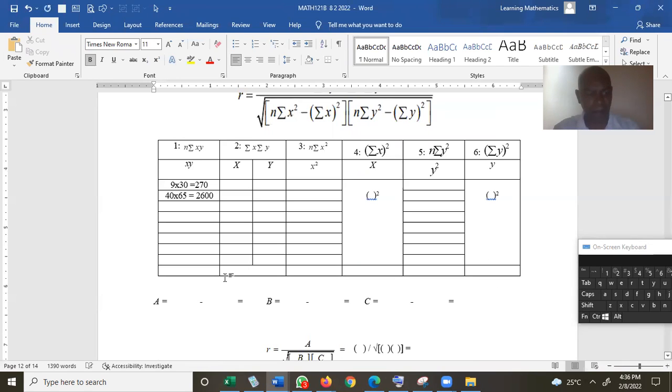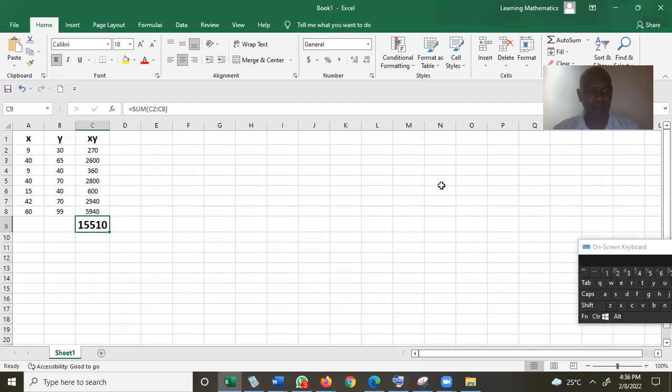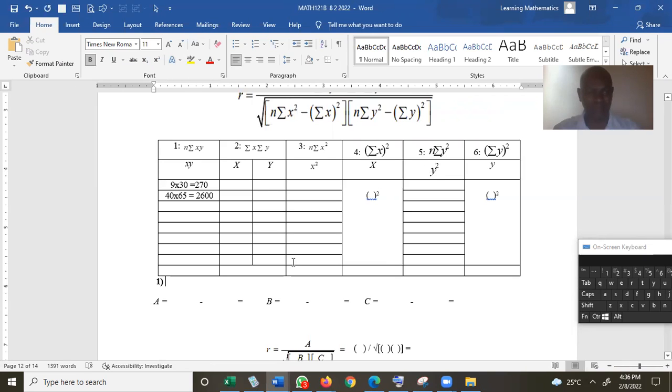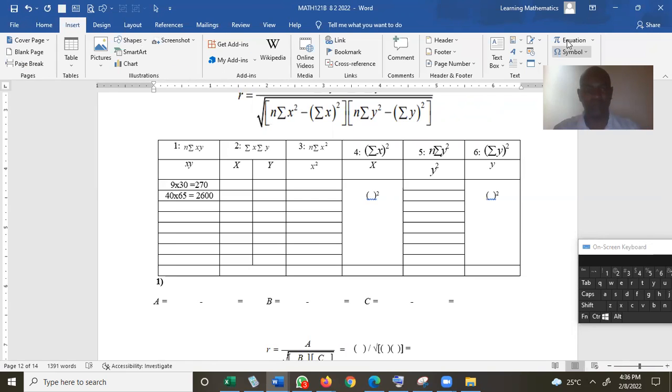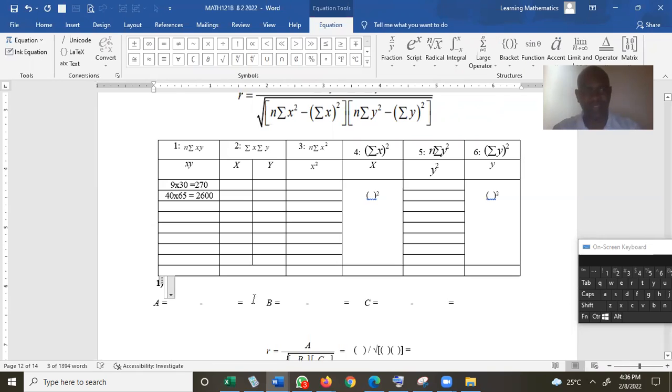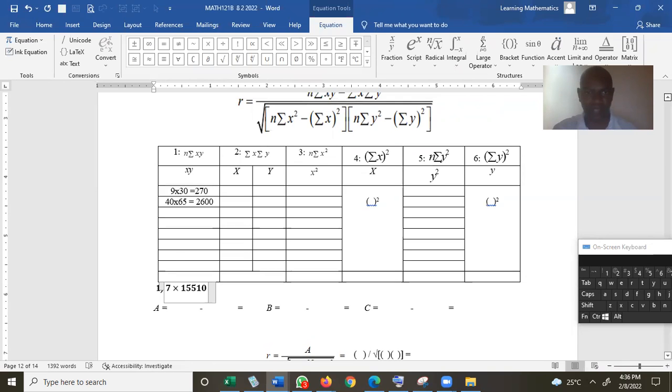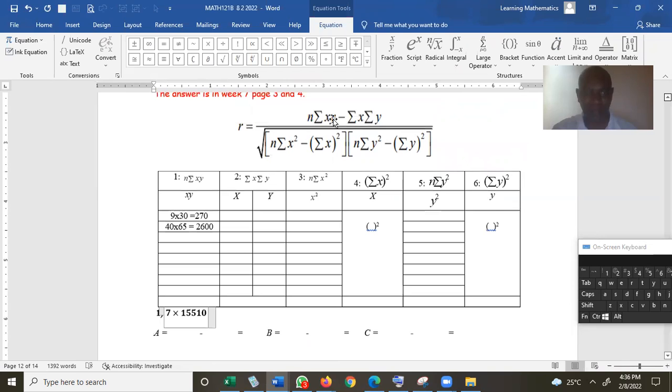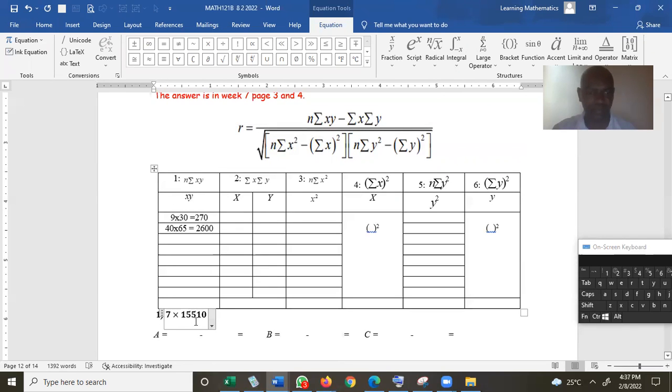The first number is 15510 times 7, or 7 times 15510, because bear in mind, we have to multiply by n. N times the sum of xy. So the sum of xy is 15510. I have to multiply it by n now, which is 7. And that will give us our first number.